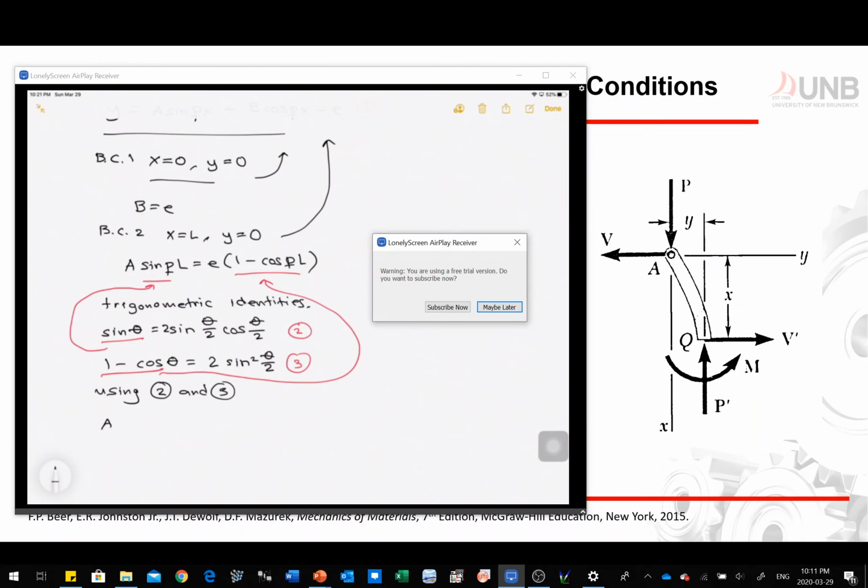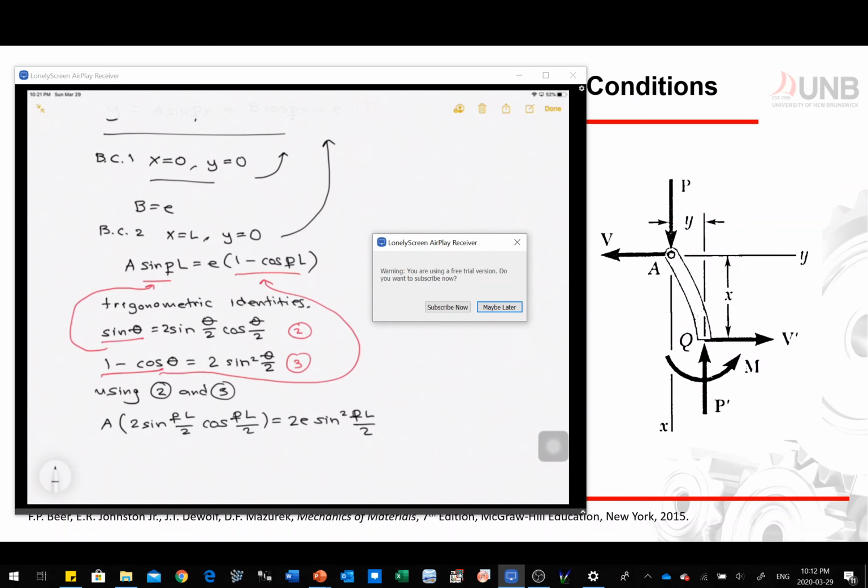So a2 sine pL over 2, we have cosine pL over 2 is equal to 2e sine squared pL over 2. And then eventually you can simplify the equation.